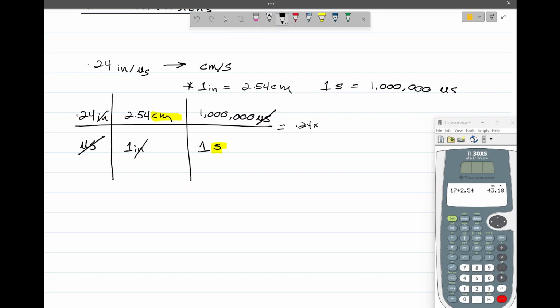0.24 times 2.54 times a million, and I'm just going to shorthand this to 10 to the 6th. Divided by, and if I multiply everything across the bottom, all I have is 1 times 1, that's over 1.